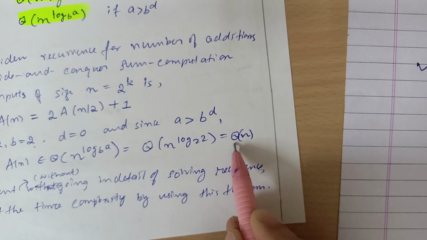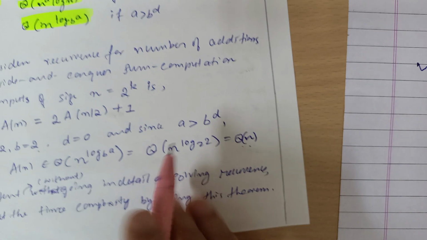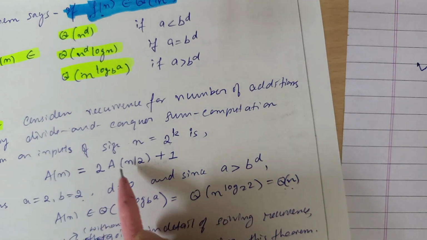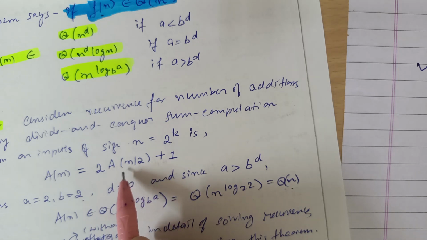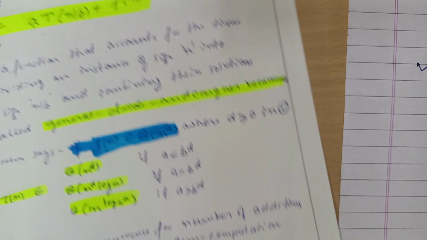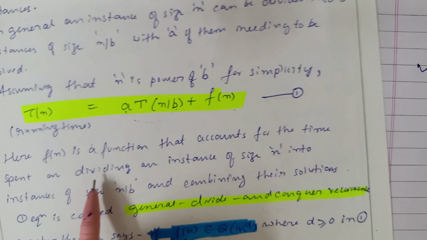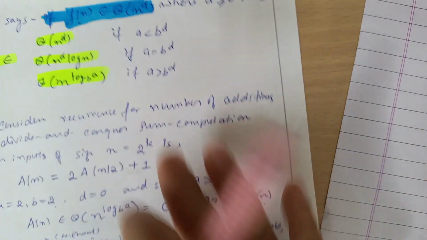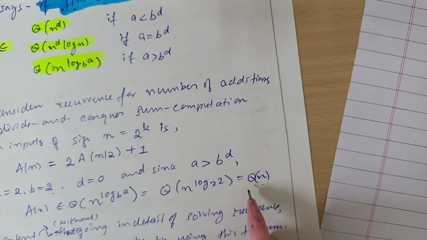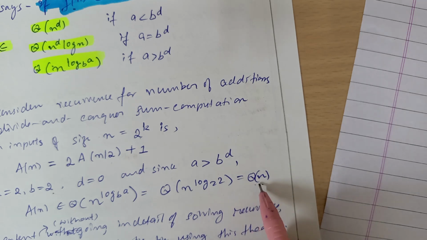This is the complexity for adding n numbers using the divide and conquer method. Earlier we solved these problems recursively by the complex substitution method. But here, using the master theorem, in these three steps we concluded that the summation problem using divide and conquer belongs to theta of n.